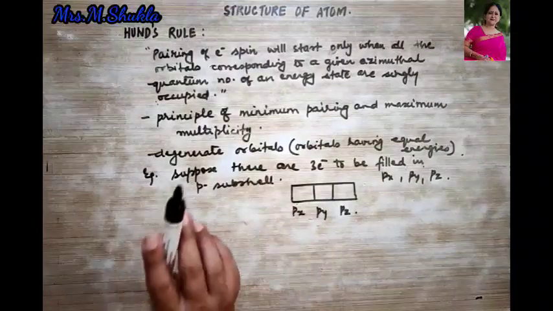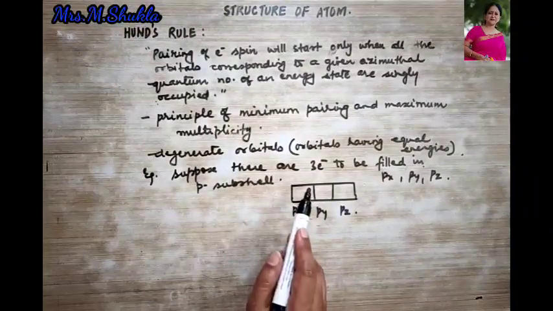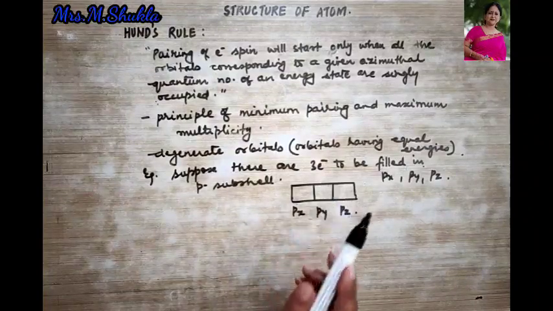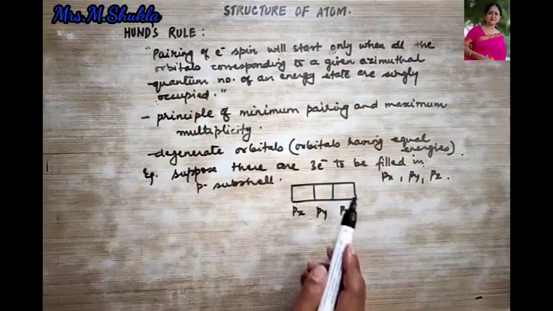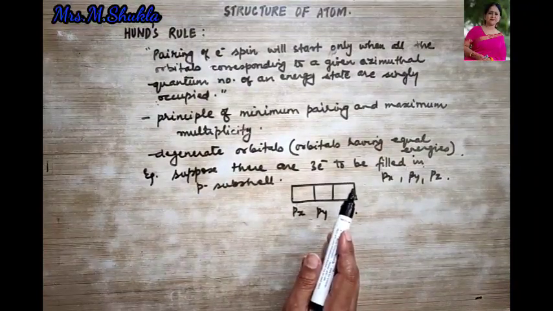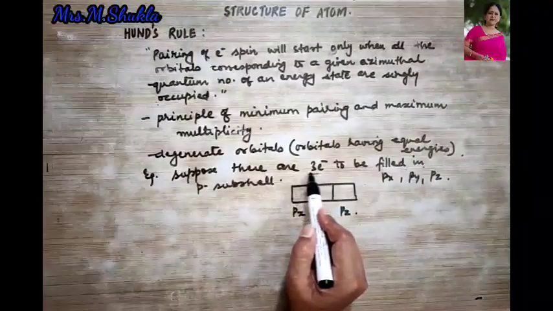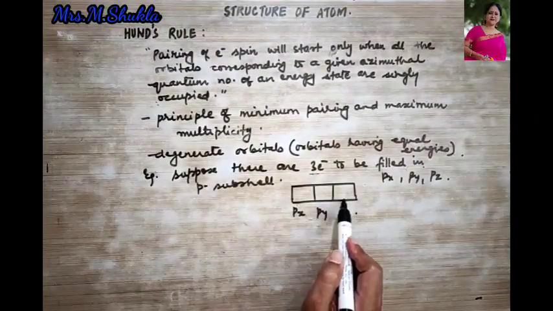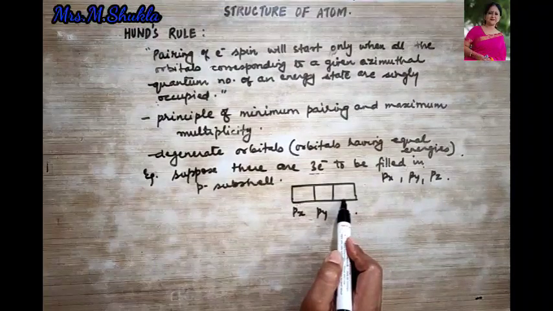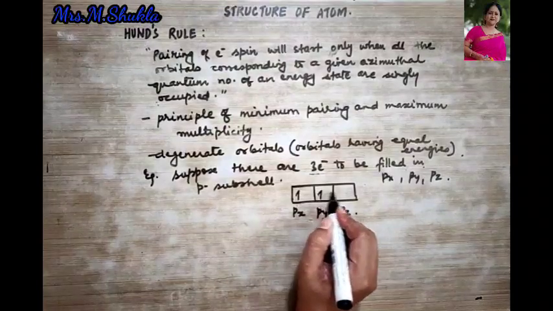Now what was the first thing that I said over here? That if the number of electrons is equal to or less than the degenerate orbitals, then what will happen? The electrons will be singly occupied. So what is the number of electrons I have given you? 3. So over here there are 3 degenerate orbitals, so singly they will be occupied like this.